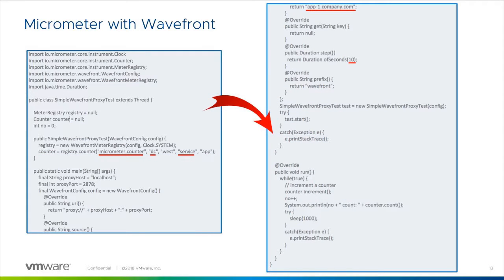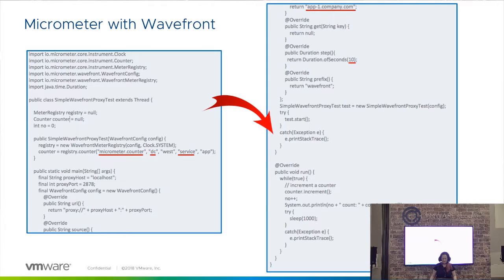The third open source metrics library that I'm going to cover is Micrometer. It's focused on Java developers, and it's very flexible. If you like more flexibility, Micrometer is the right library for you, and it becomes more popular every day.